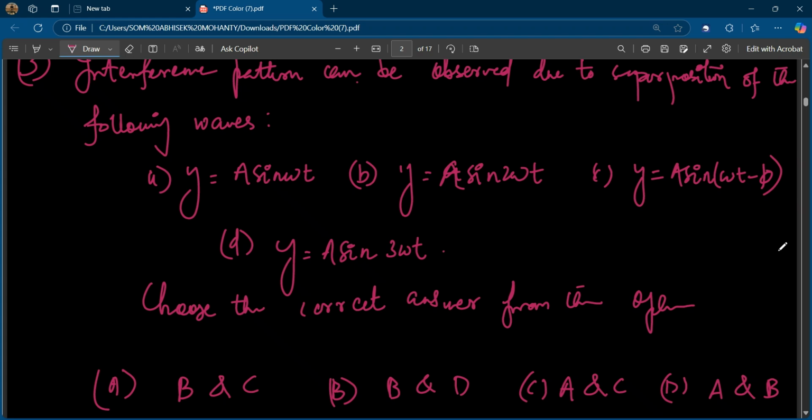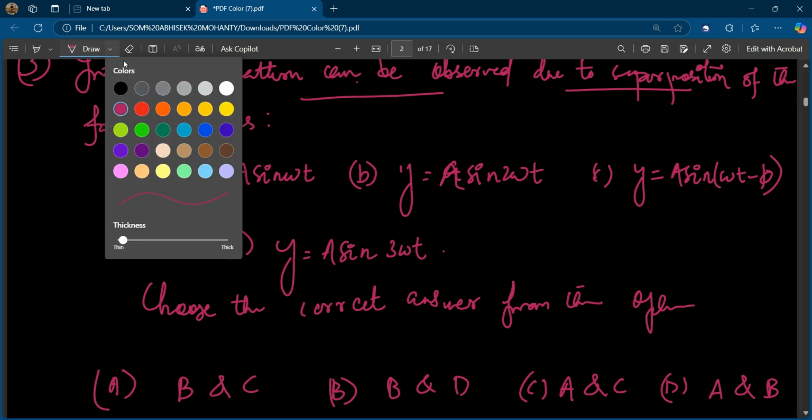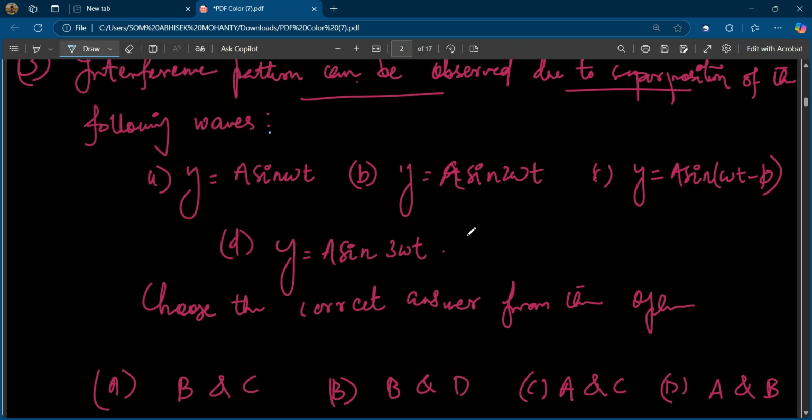The meaning of the question is: interference pattern can be observed due to superposition of which waves? It's not like interference will happen everywhere. Interference has some conditions, right? So which two waves satisfy those conditions, and due to whom the interference will occur? So try. You have 30 seconds again. I'll only give you 30 seconds for it.